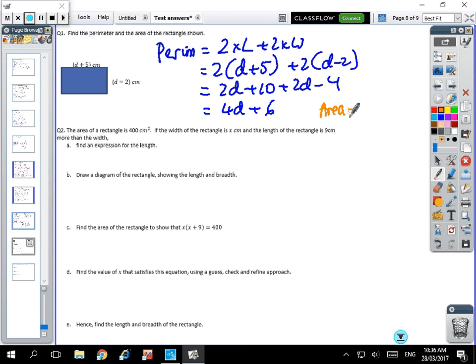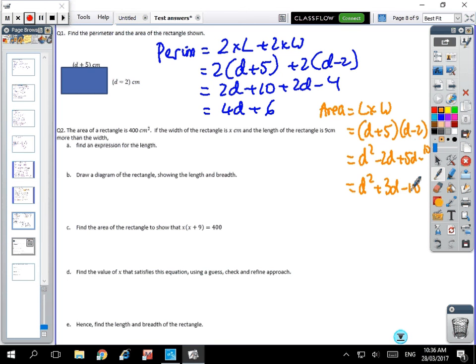Area equals length times width, equals d plus 5 times d minus 2, equals d squared minus 2d plus 5d minus 10, so d squared plus 3d minus 10. So there's your area and perimeter.